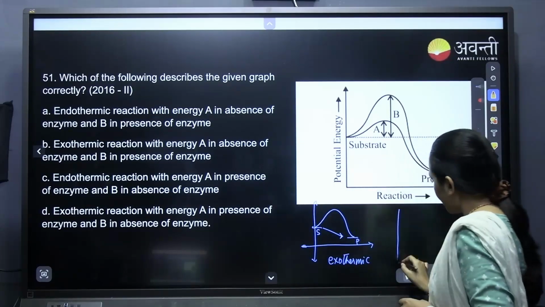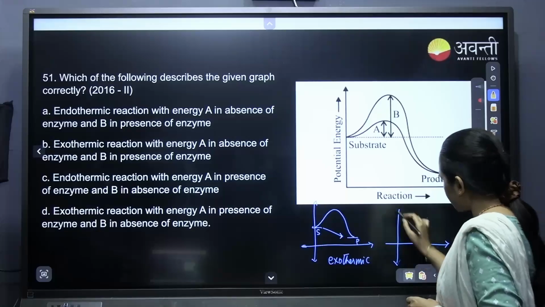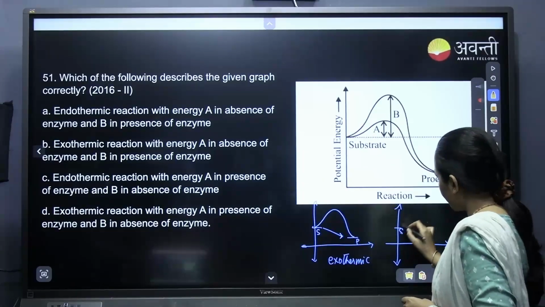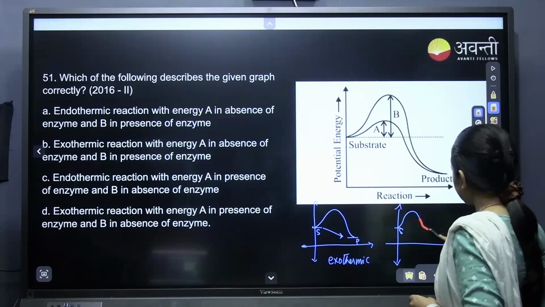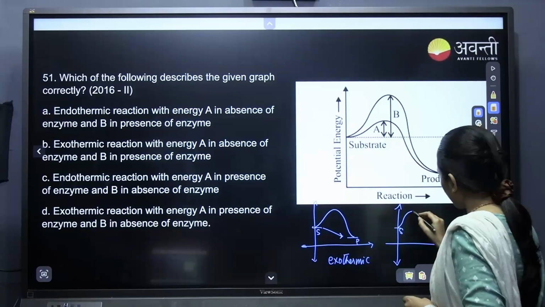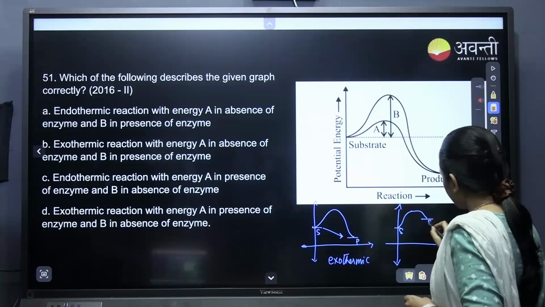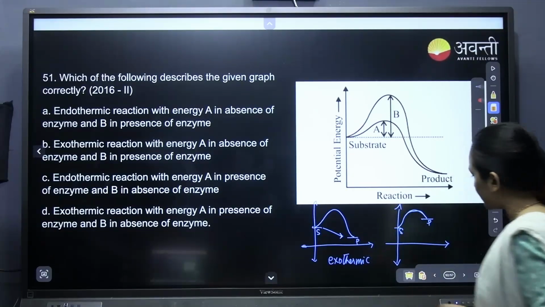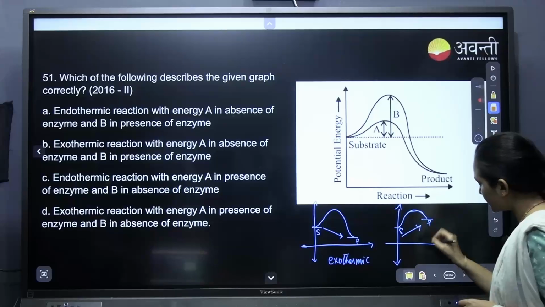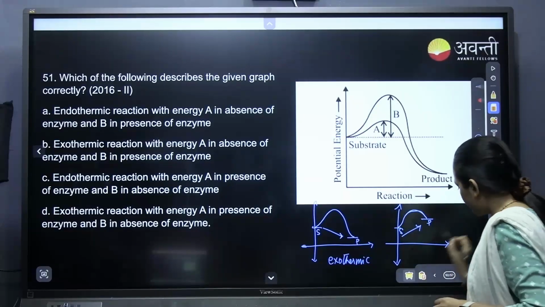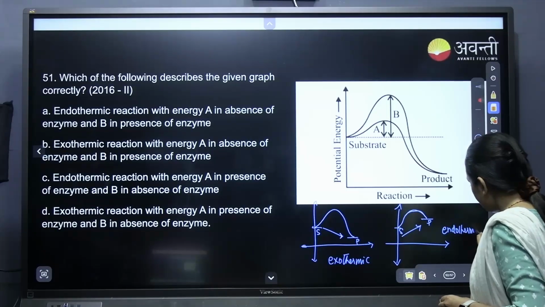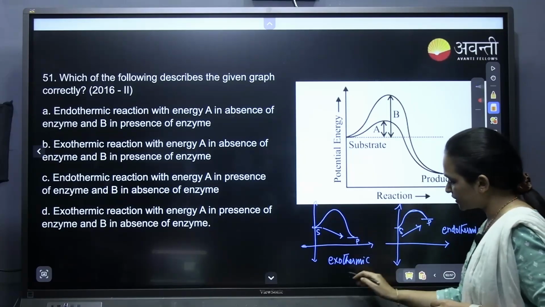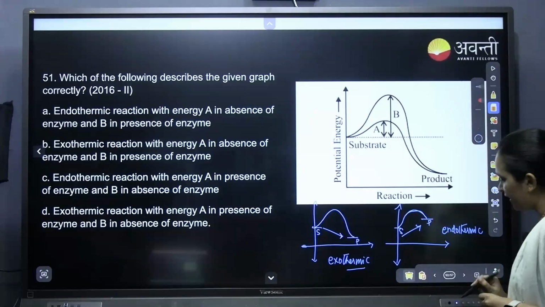And when it gains energy, it is endothermic. This has lost the energy, which is exothermic, which has gained the energy is endothermic.